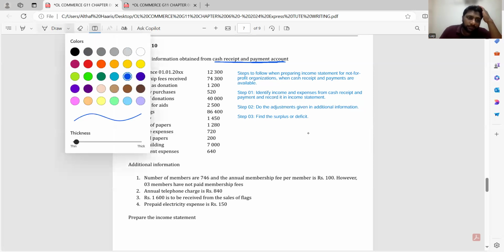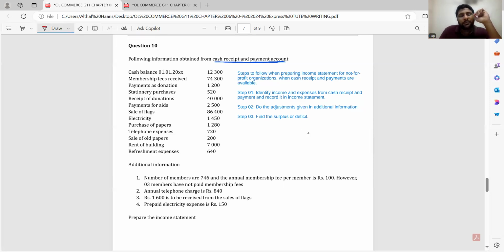Okay. So first one, membership fees, people. It is connected with income. Payment of donation connected with expense. Stationery purchase connected with expense. Receipt of donation, you are getting a donation, connected with income.